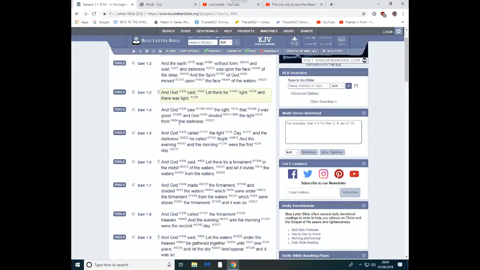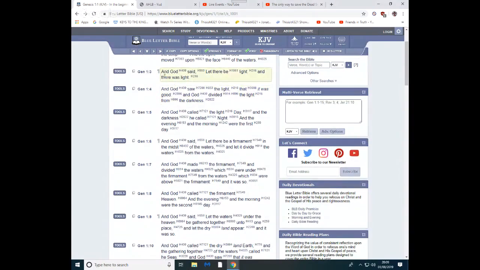Then we go on to verse 3. And the Most High said, "Let there be light," and there was light. And the Most High saw the light that it was good, and the Most High divided the light from the darkness. So those two, and the next one, and the Most High called the light day, and the darkness he called night.